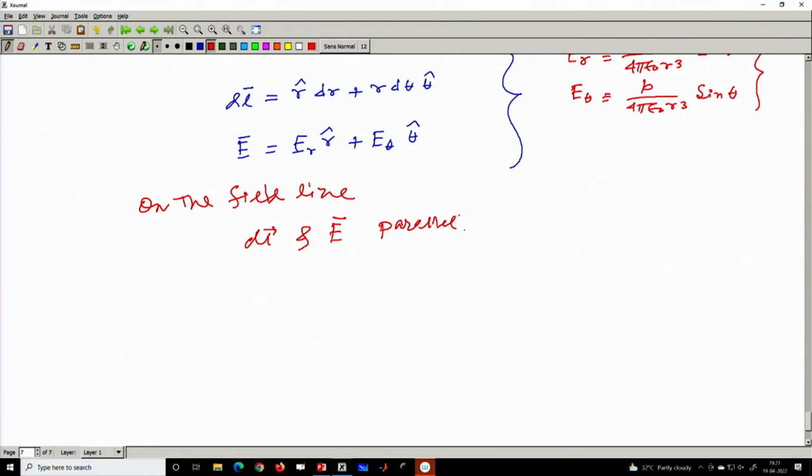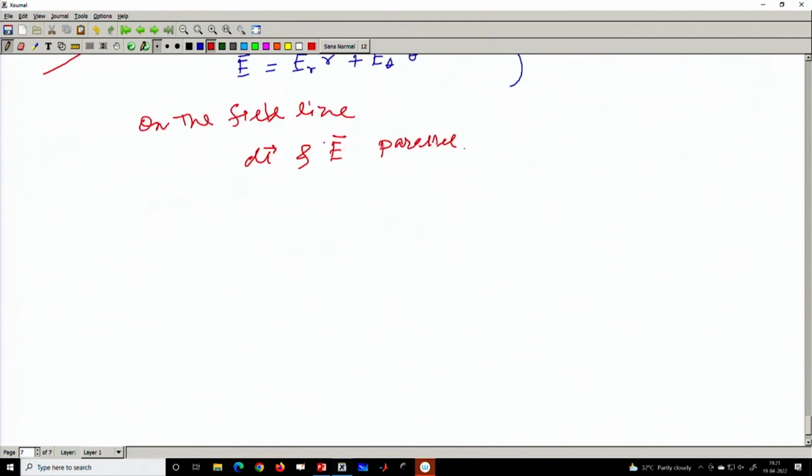If two vectors are parallel, the ratio of their components should be the same. So, dr divided by Er is equal to r d theta divided by E theta.